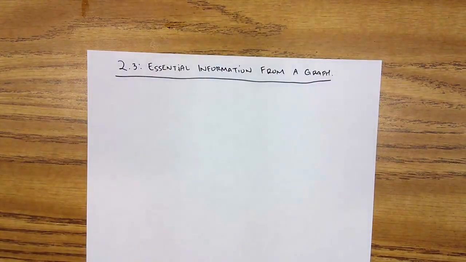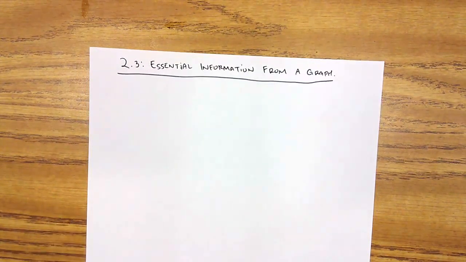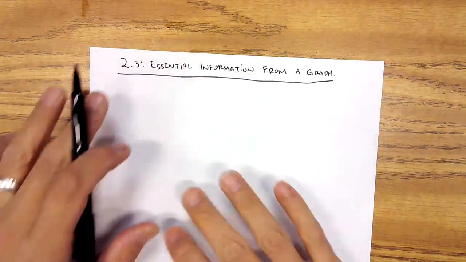So once we get a graph, or once we find out what the graph is, you guys will have ample information to either graph it, or a graph will be provided for you. Okay. And with that graph, we can get some information. We're going to look at 4 specific things. Okay.